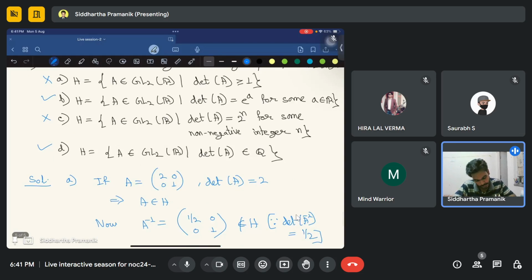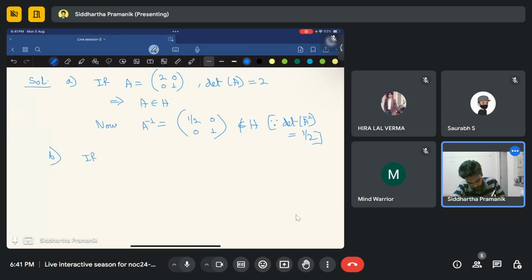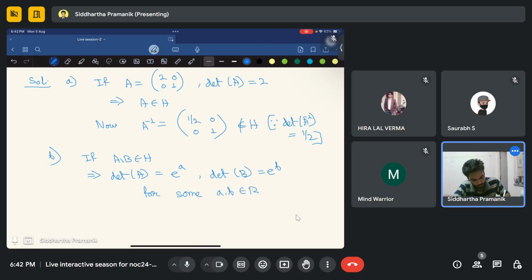The second one is a subgroup. All three properties will hold. Let me quickly write this down. So if A, B belong to H, that will imply determinant of A is e to the power a, and determinant of B is e to the power b, for some real numbers a, b.